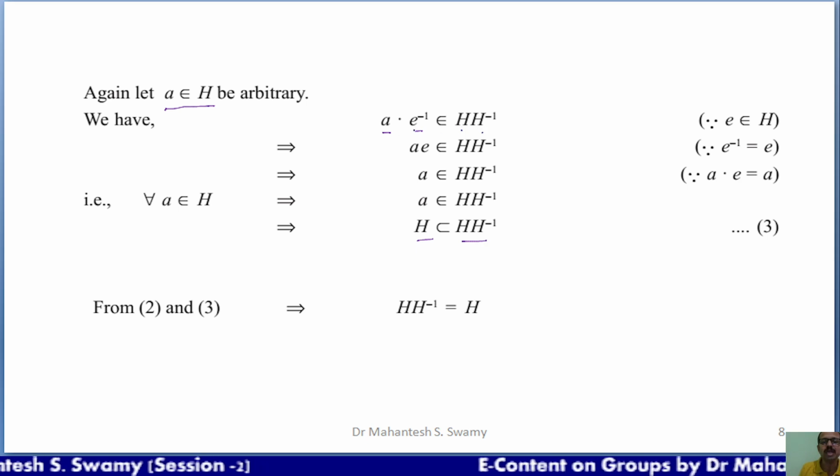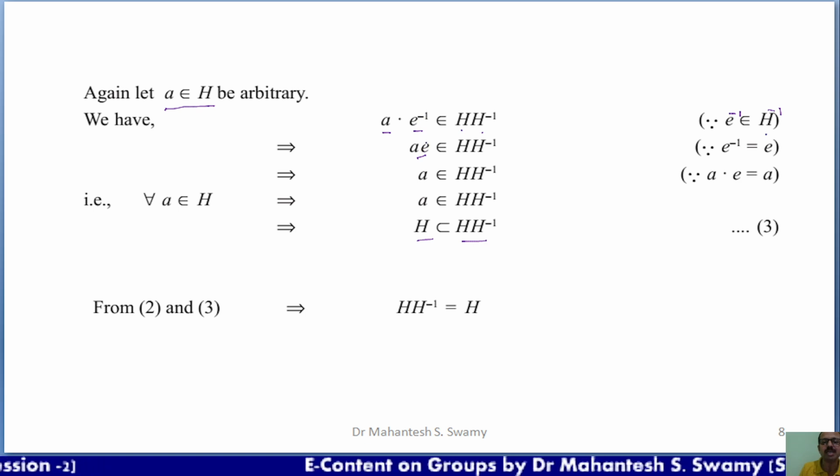So this product A E inverse must be in HH inverse, because E is the identity element of H and its inverse must be in H inverse. Now A into E inverse, the inverse of the identity element, is the identity element itself. So inverse of E is E. A into E belongs to HH inverse. A into E is A, as we all know very well, that belongs to HH inverse.